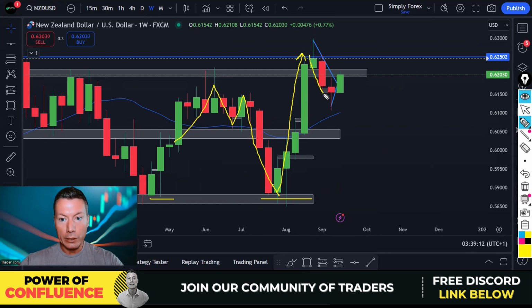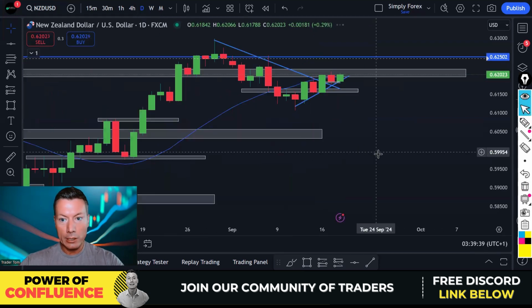We had a bit of a retrace, we got a nice bullish candle or a bullish wick on the candle. And we're looking to take price back up to these highs, potentially higher. We're in an uptrend, getting higher highs, higher lows, bullish candles. So weekly ticks. So we've got monthly, weekly, buy.